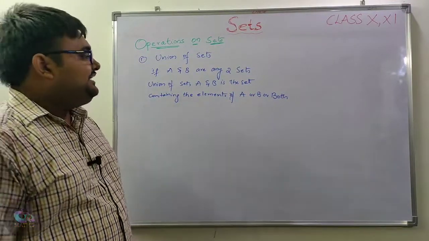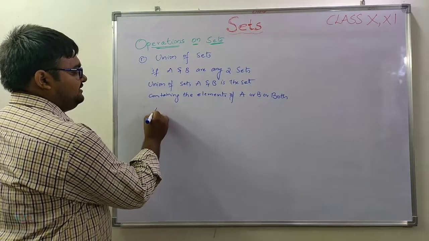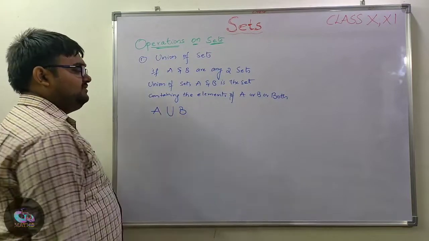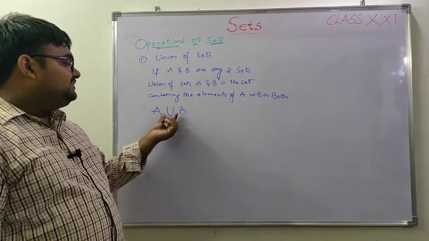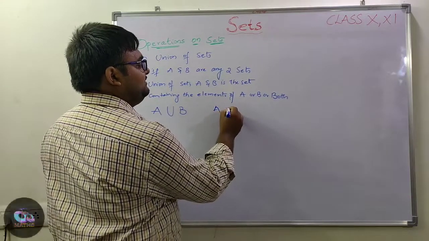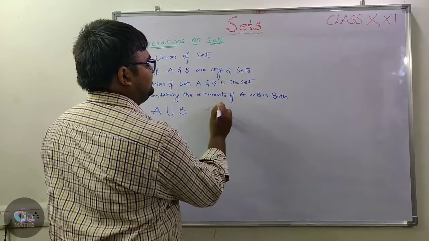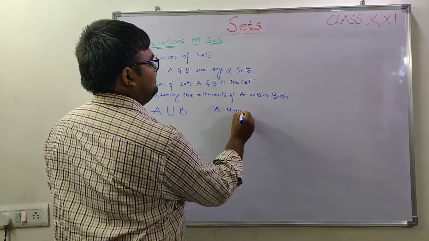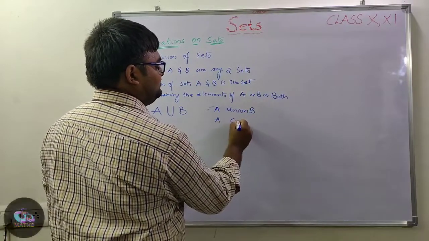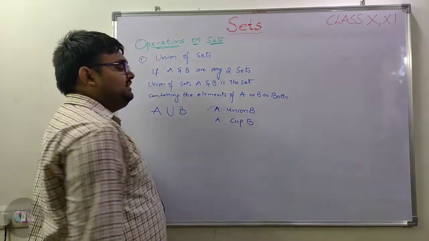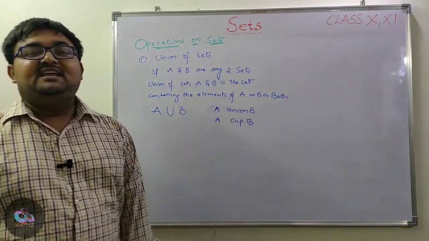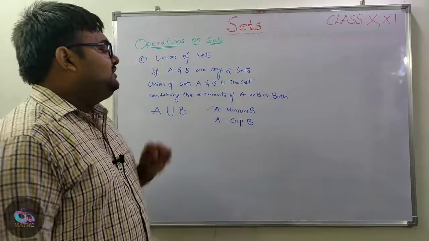It is generally represented by, for suppose if A and B are 2 sets, this symbol. So A union B. So we will be reading it as A union B, or you can read it as A cup B, because it is in the shape of a cup, right?